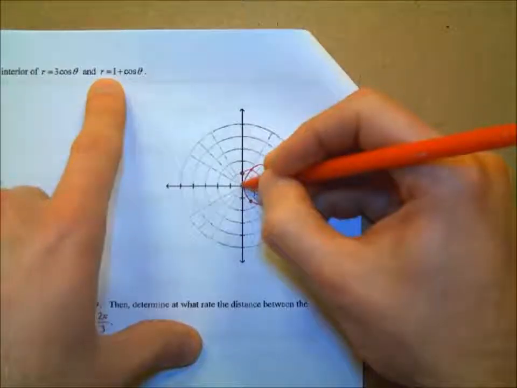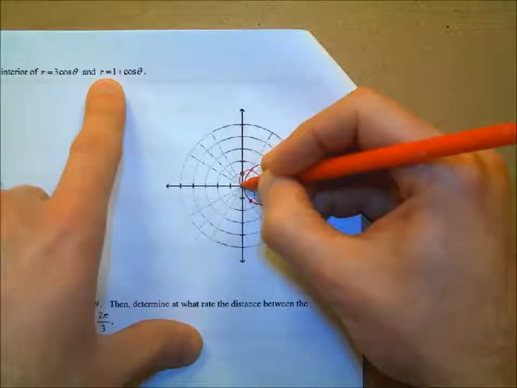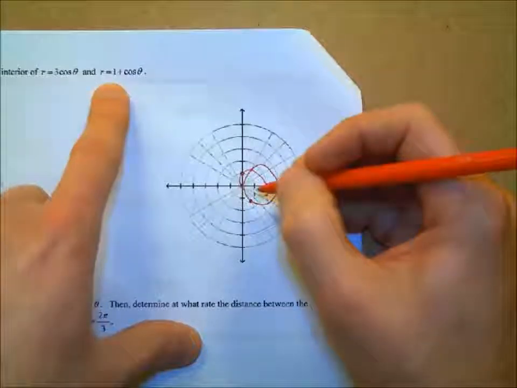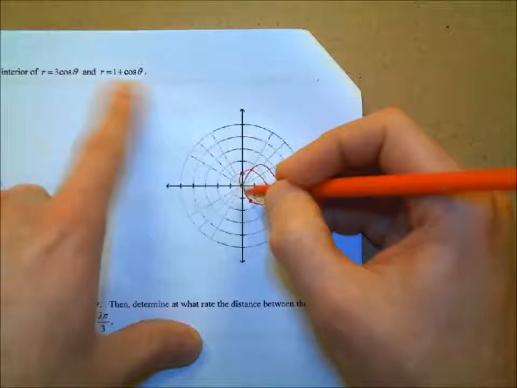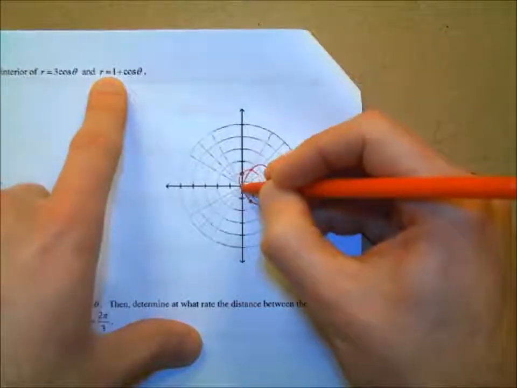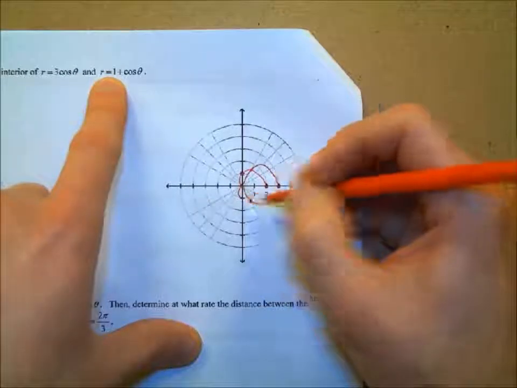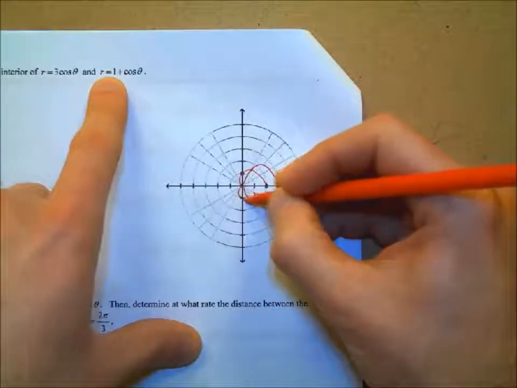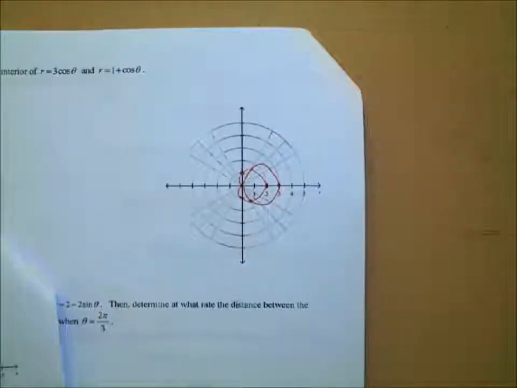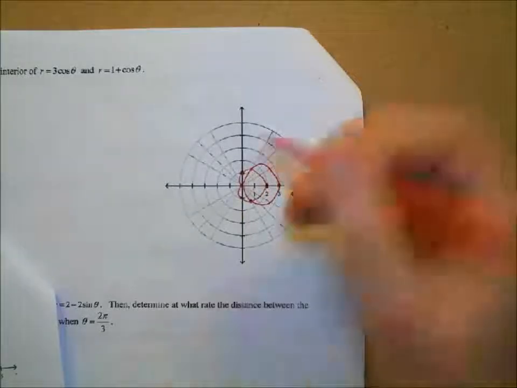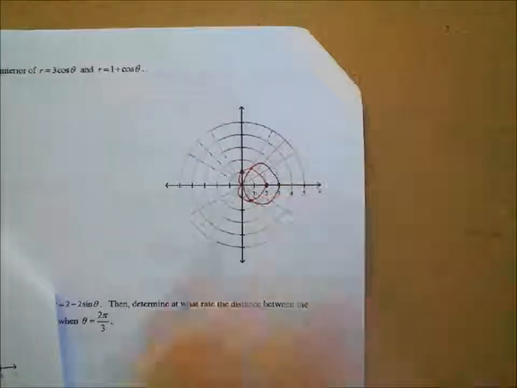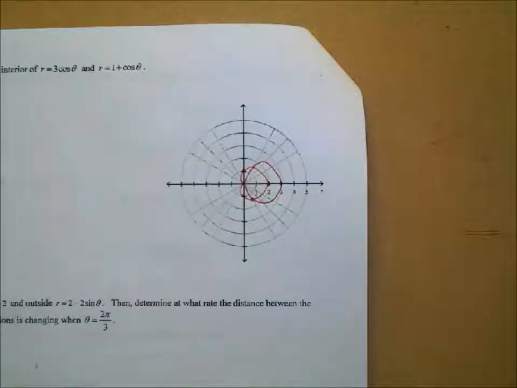So we arc around like that. And then at 3 pi over 2, cosine 3 pi over 2 is 0 plus 1 is 1. So like that, and then like that. Is there a sliver? I don't know. We'll find out.